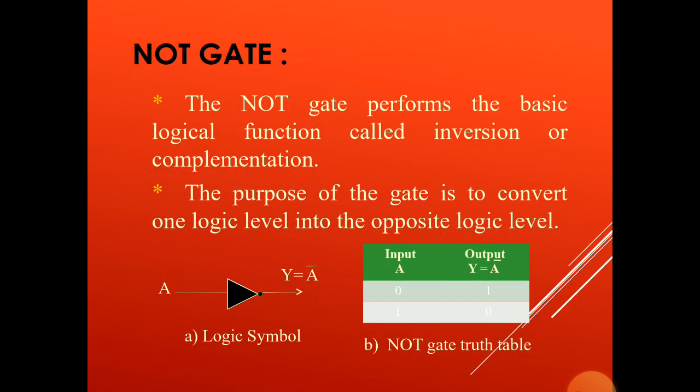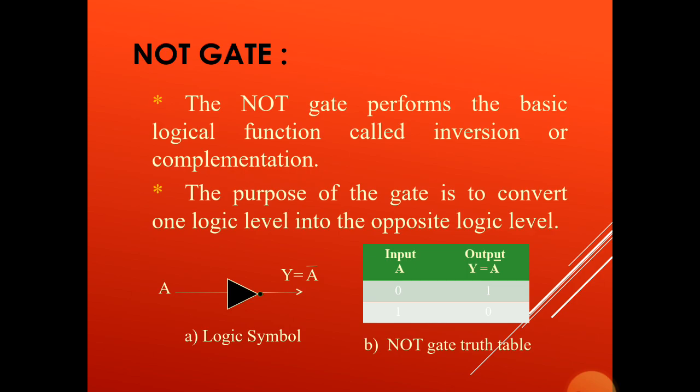Next is the NOT gate. It is a gate which performs the inversion operation or complementation. To this gate we give only one input, and it gives the output as the complement of the input received. That is, if the input received is 0, the output is 1, that is, A complement. 0 complement is equal to 1.